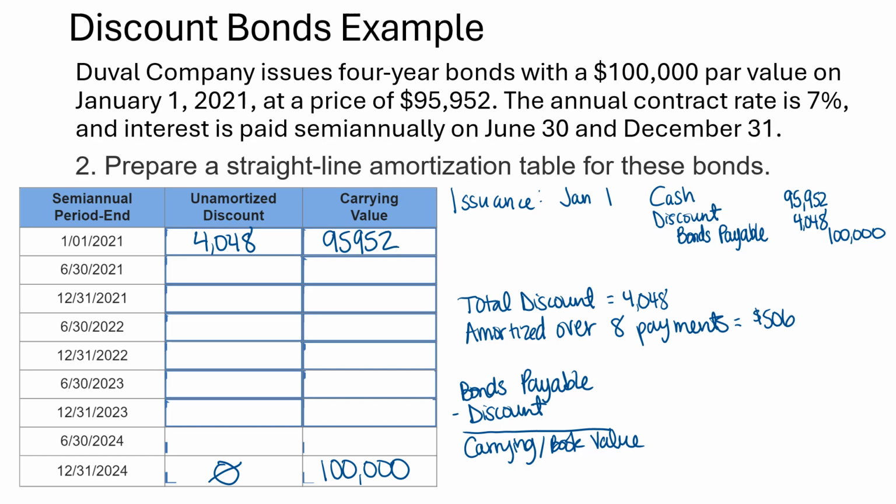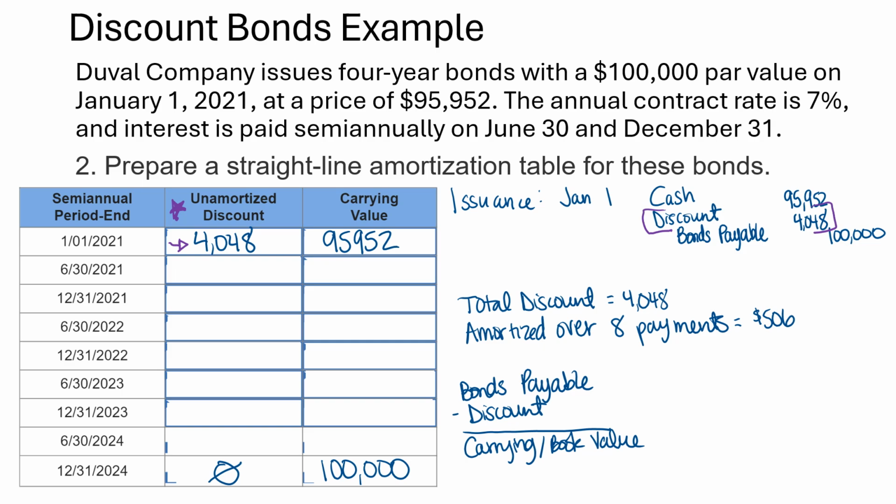It looks very scary, but it's really not. So a couple things to remember first. The unamortized discount, remember I mentioned the $4,048 number? That was the amount that we initially recorded as the discount in the issuance journal entry.